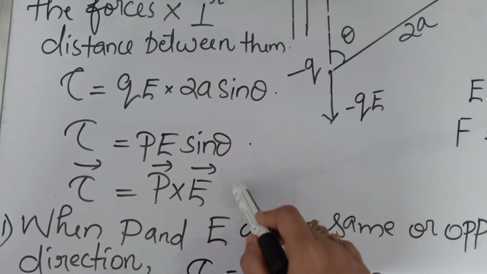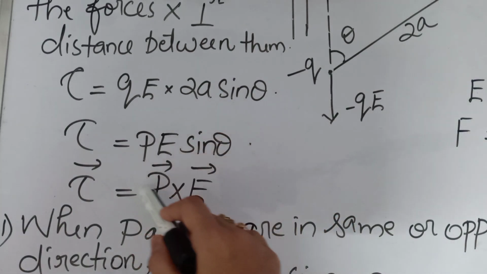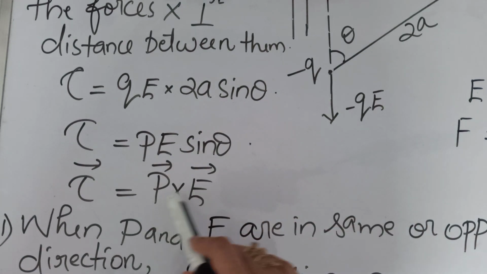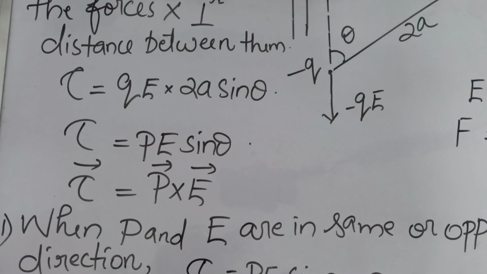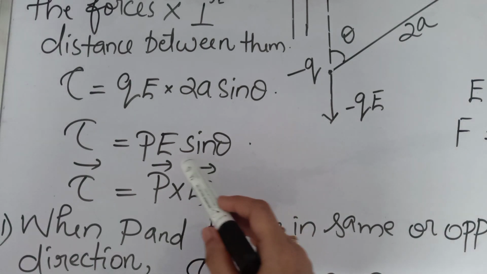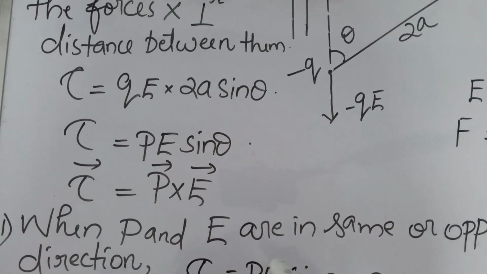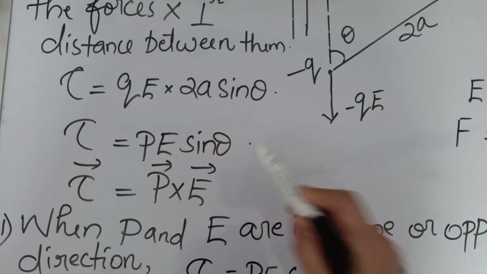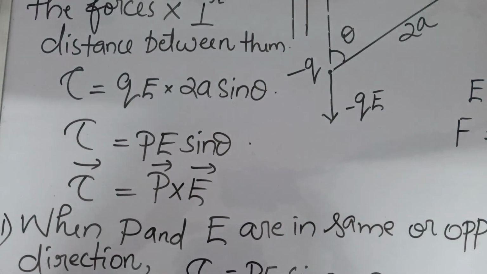So this equation is very important because the total force will be 0, but the torque will be tau is equal to P cross E. And suppose we are placing this in the same or opposite directions. Suppose P and E are in the same direction, then what will happen here? The angle between them will be 0, or if it is in the opposite direction, that will be 180 degree.